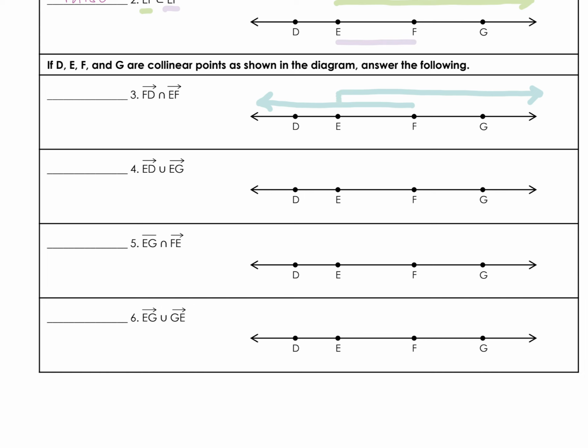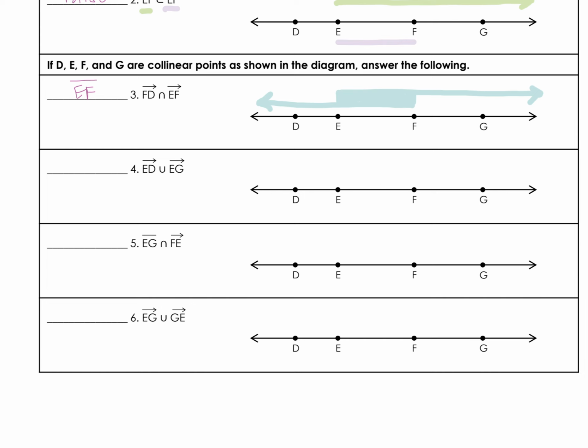We can see here that the two are overlapping from E to F. Nowhere else, so it's a start and a stop. It should be us naming a segment here. But also remember, you could also call this segment FE, and you would be correct as well.